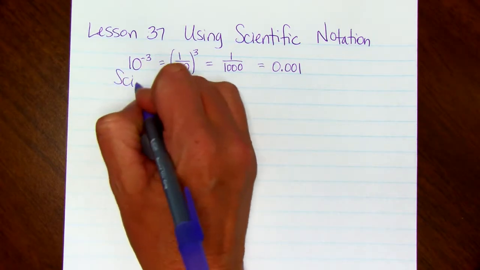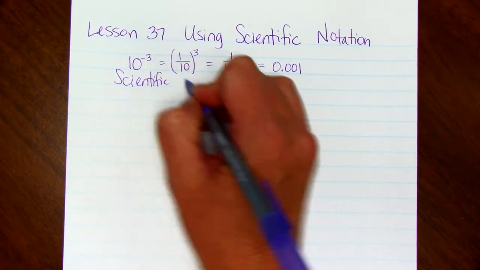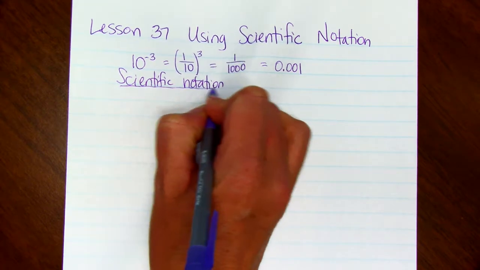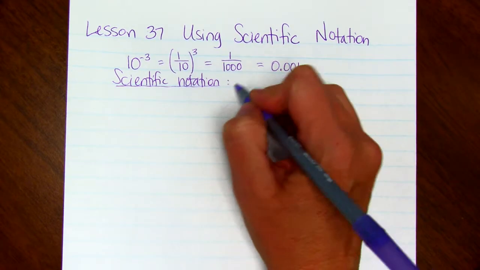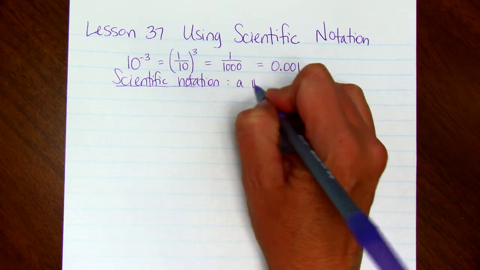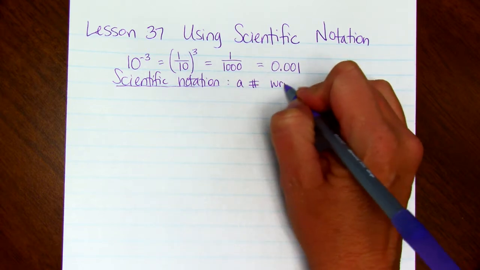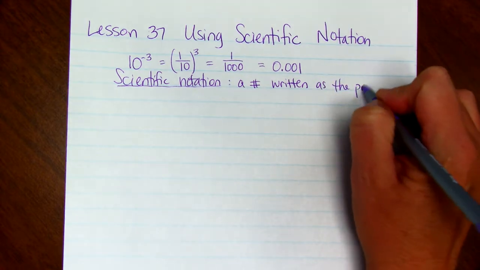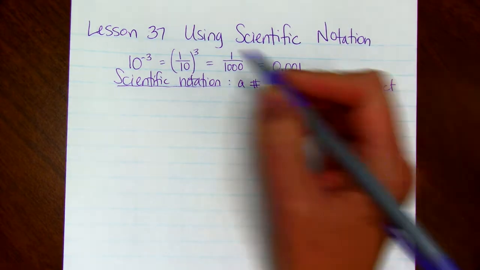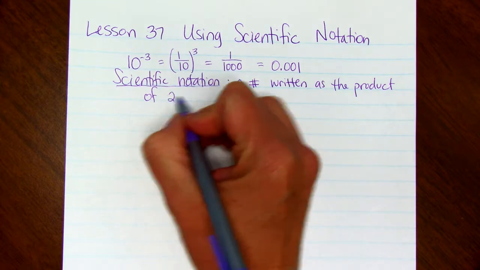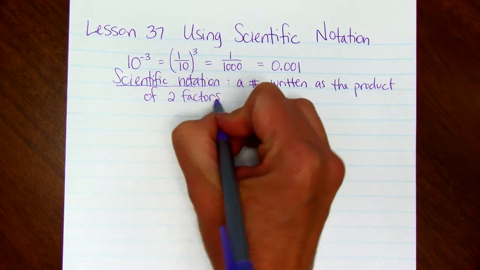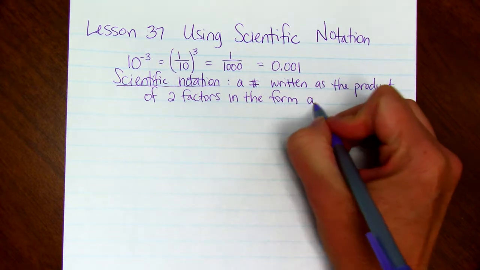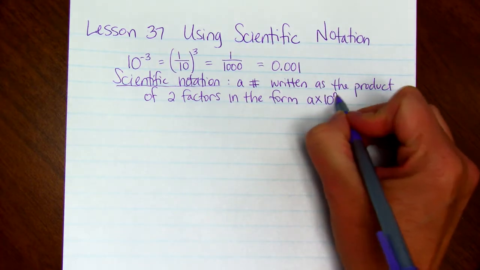So we're going to write the definition for scientific notation. It's a number written as the product of two factors in the form a times 10 to the nth power.